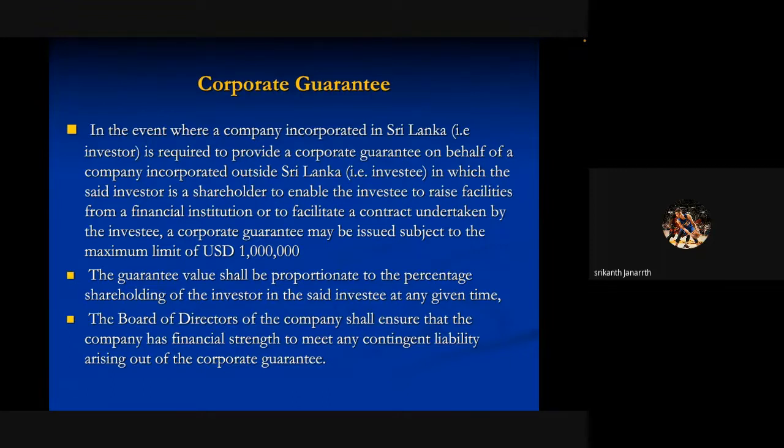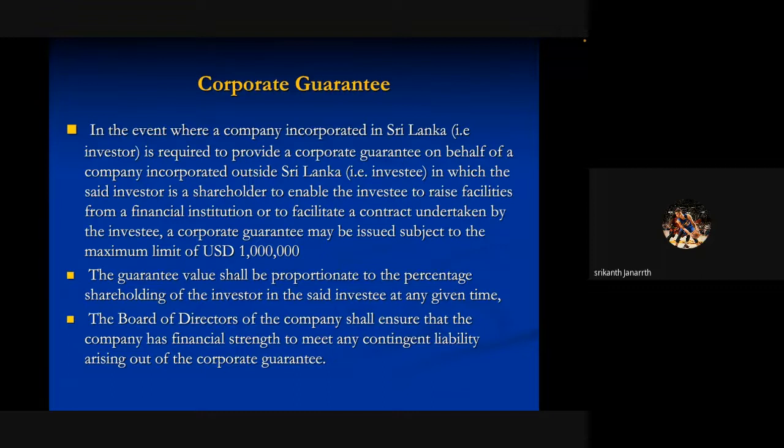So likewise, as per the shareholding, 60-40. Dialog holds 40, the Vietnam company holds 60. So whenever the guarantee comes, the proportion is 60-40. Up to 1 million they can issue, but the proportion is 60-40, right? So if the facility is for 1 million, Dialog will give 400,000 and Vietnam will give 600,000. But the limit is 1 million, right?